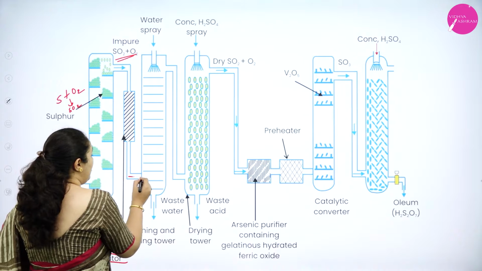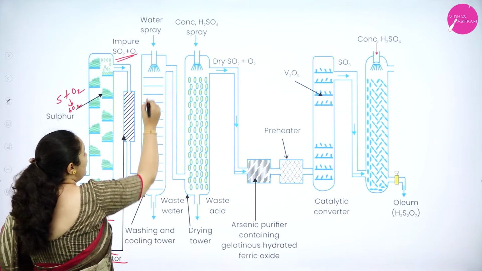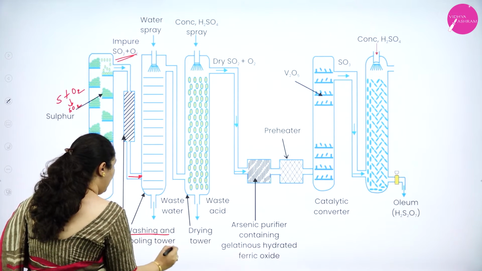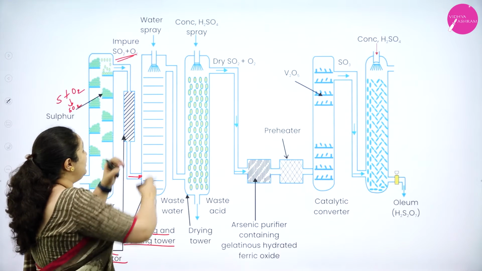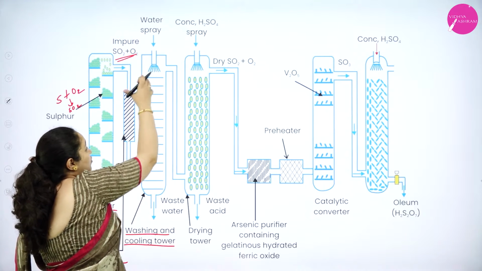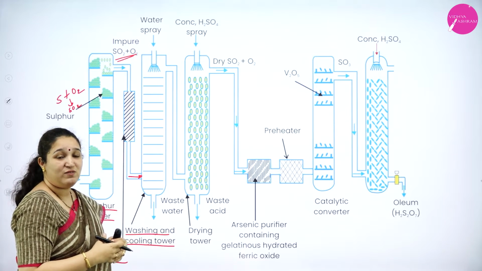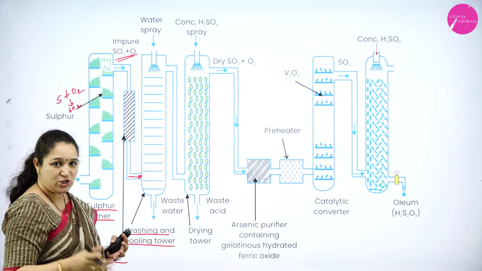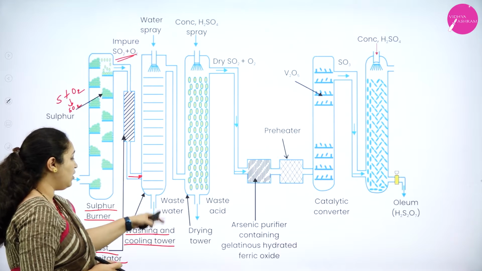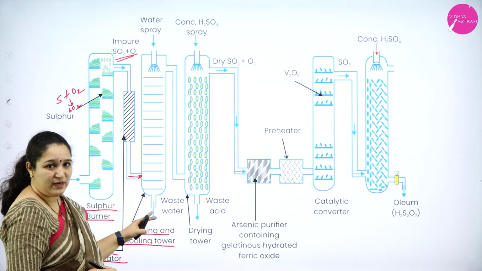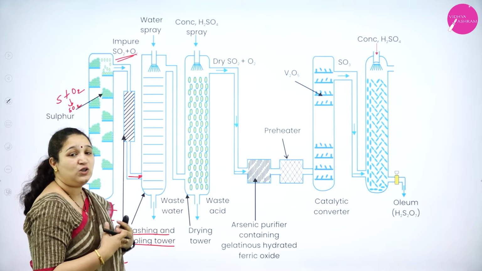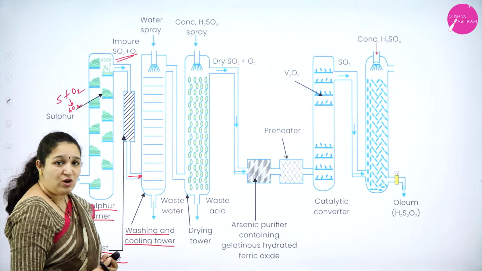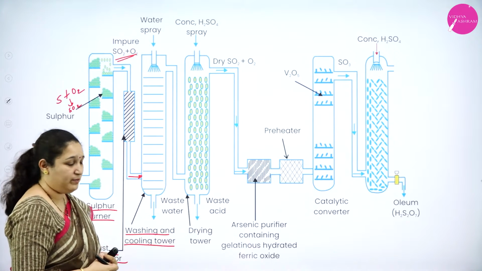Next, sulfur dioxide and oxygen is passed through the washing and cooling tower. Here water is sprayed from above. So whatever impurities are soluble in water are washed away. So you can see waste water is removed, soluble impurities are removed, and as we have heated the gas here, it will start cooling as well. So it is called the washing and cooling chamber.